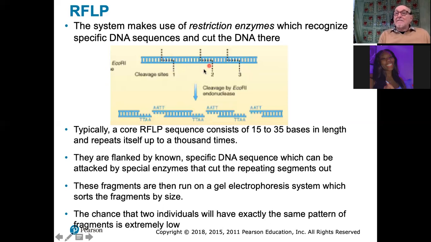And if I take the DNA and I put it together with that enzyme, which, by the way, I can buy, it's commercially available, the enzyme will cut the DNA, but it'll cut it there. It will only cut it there. It will only cut where it sees AATT. So let's just say, for the moment, I've got this person here, and I'm cutting AATT.